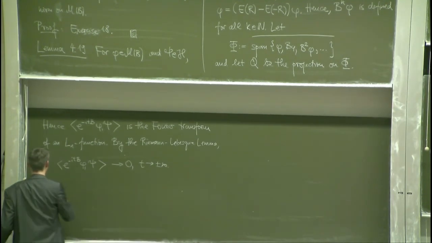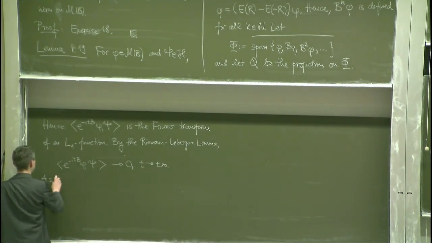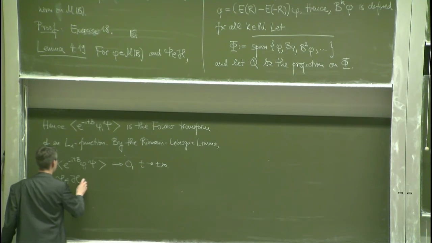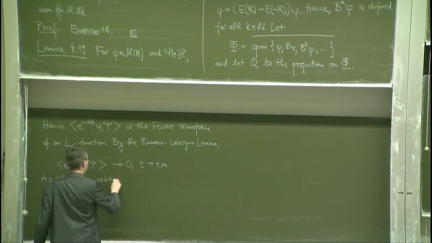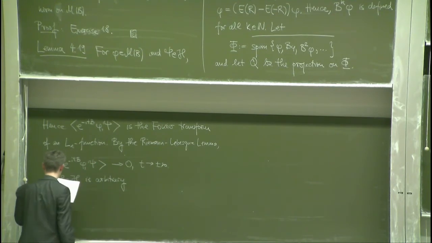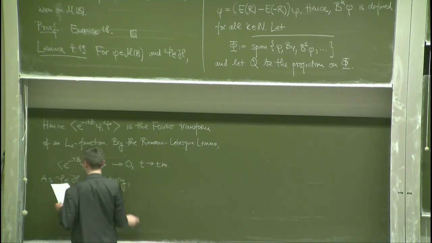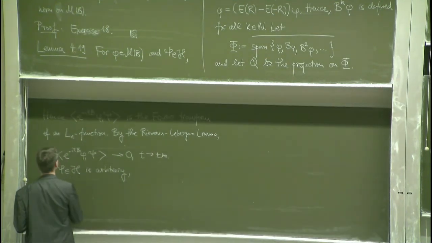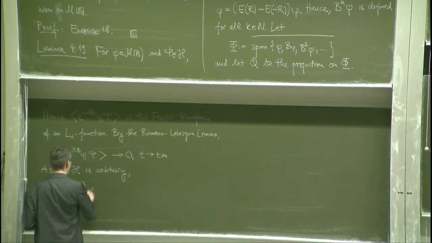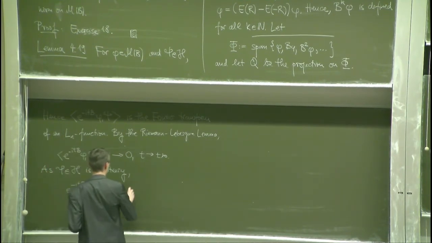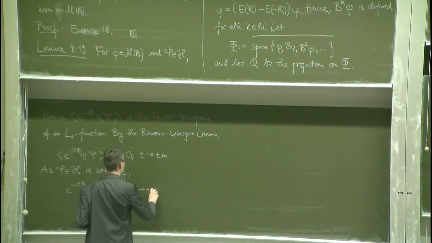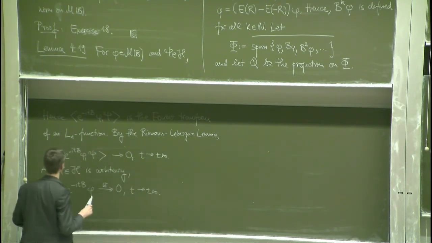As psi in H is arbitrary, we conclude that we have weak convergence: exponential minus ITB phi converges weakly towards 0 for t to plus or minus infinity.